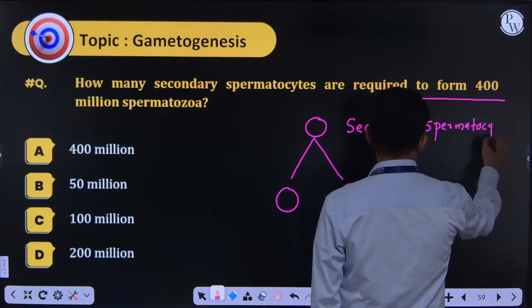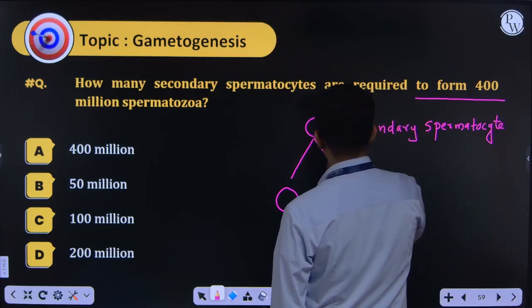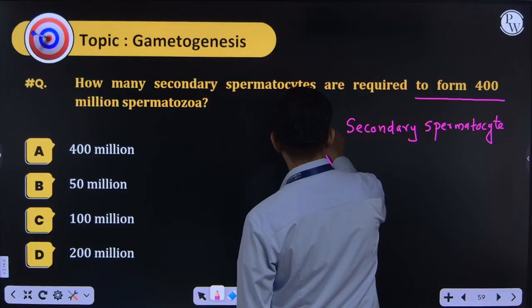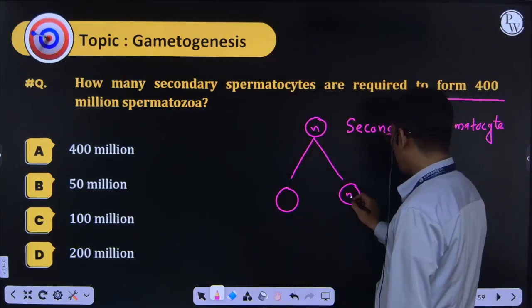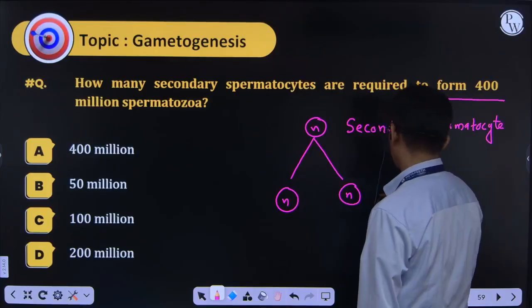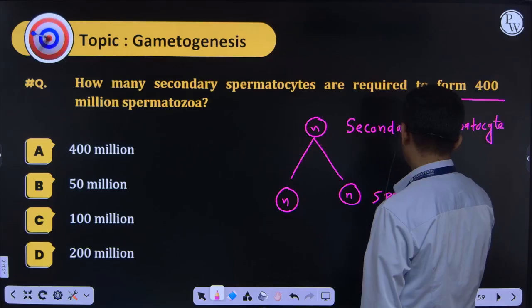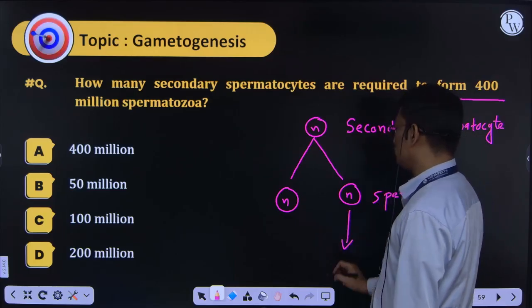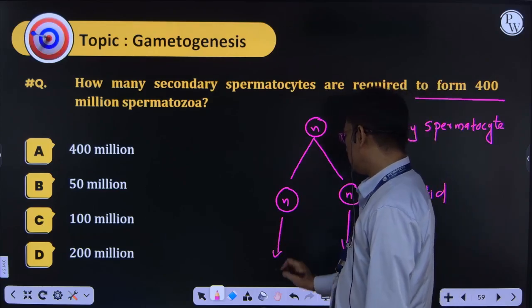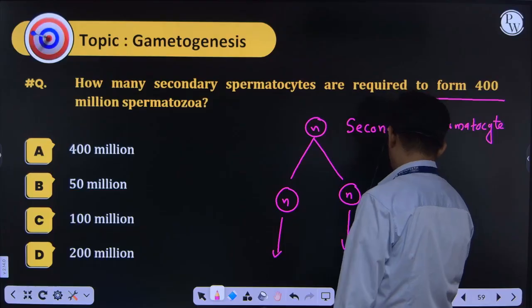From the secondary spermatocyte, which is haploid, two haploid spermatids are formed from one secondary spermatocyte. Spermatid forms spermatozoa, so here maturation takes place.